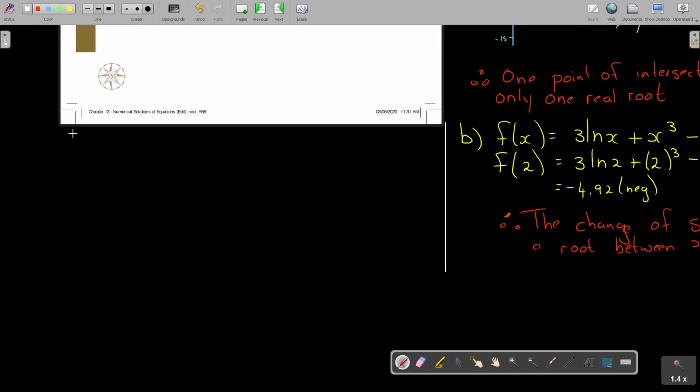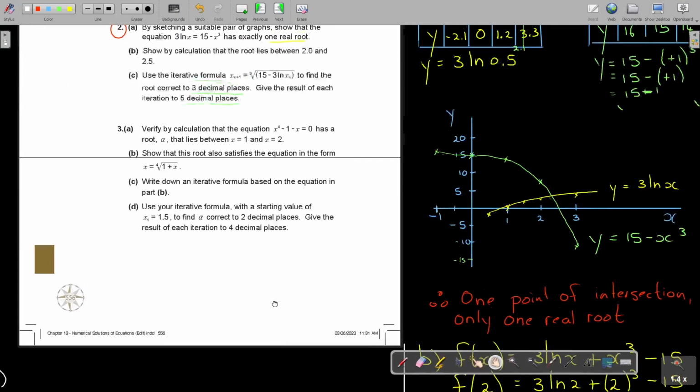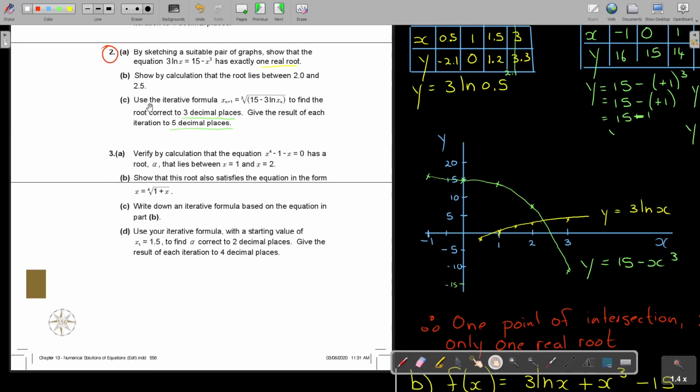Okay, let's start with number C. Let's just read the question. Use the iterative formula, and just take note there stands a 3. To find the root correct to 3 decimal places, give the result of each iteration to 5 decimal places.